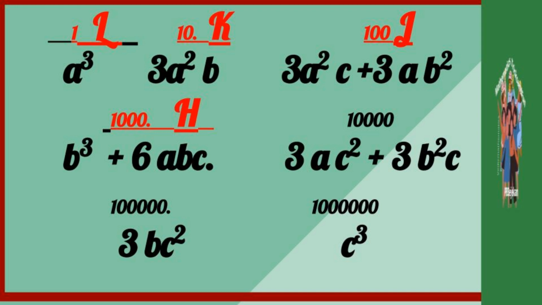In finding the cube root of a 4 to 6 digit number, there will be only 2 digits in the cube root. We will be using a cubed and b cubed. For a 7 to 9 digit number, there will be 3 digits in the cube root. We will be using a cubed, 3a squared b, b cubed, and so on with increasing digits.